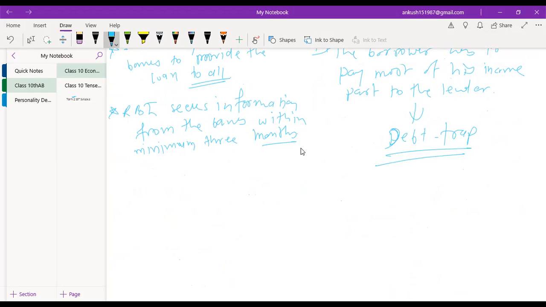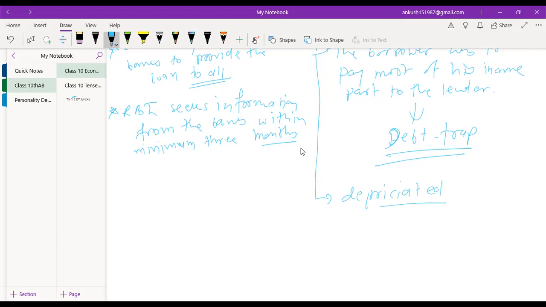And for whatever the reason they have taken the loan from such informal sectors, whether for agriculture purpose or personal loan or to build a house, to purchase property, that thing would be depreciated.